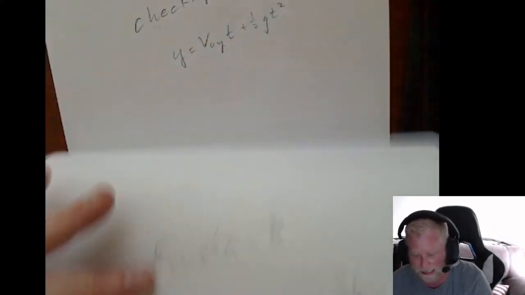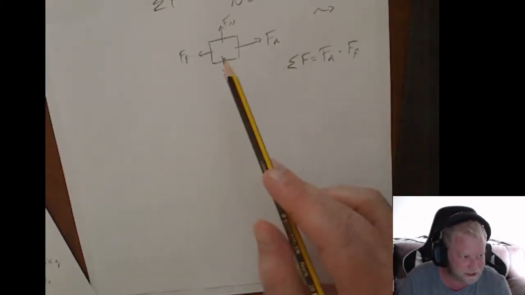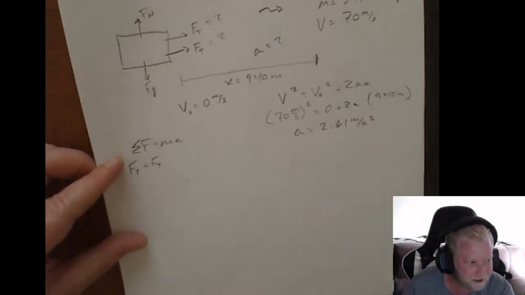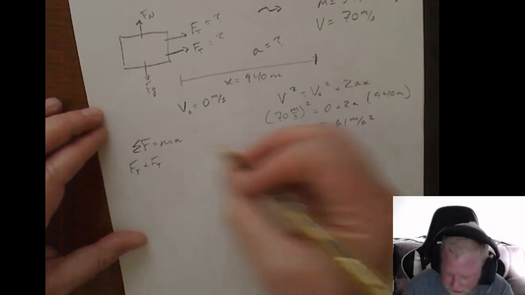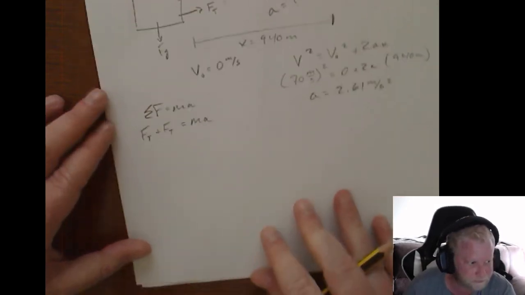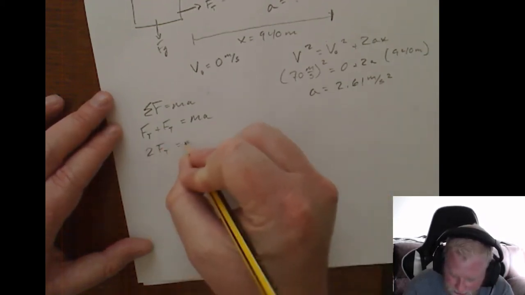Back in the earlier example, we subtracted our forces because they were in opposite directions, one positive, one negative. If your forces go the same direction, they're both positive, so they are added. So Ft plus Ft equals ma, or 2Ft equals ma.